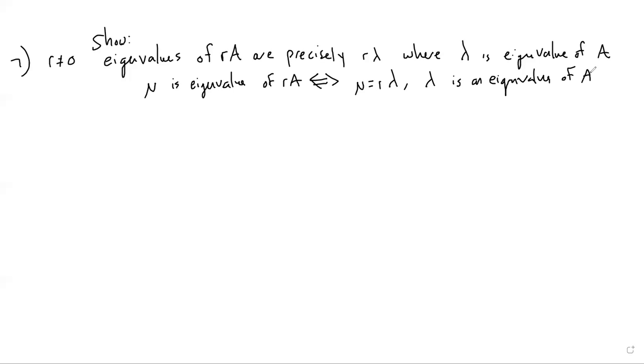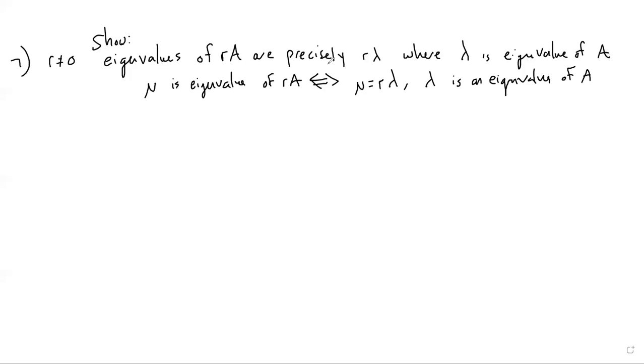So what this is saying is that the word precisely is sort of an if and only if statement between the two. So what we want to establish is that the eigenvalues of rA are of the form r lambda for the eigenvalues of A, and it goes both ways. We want to be a little bit cautious in how we approach this, but fortunately everything that we do is going to be reversible.